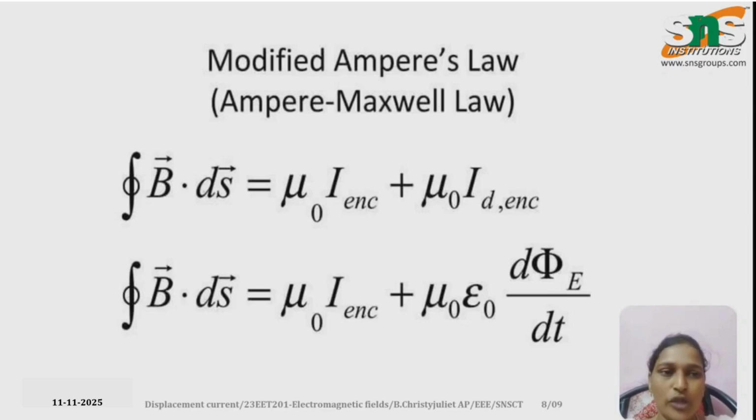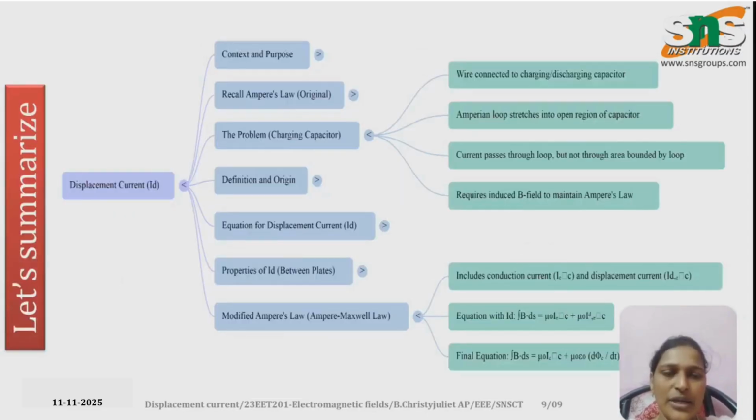Now substitute the value for I_D enclosed. So therefore integral B dot ds is equal to mu naught I enclosed plus mu naught epsilon naught d phi E by dt. Okay, so this concept is applicable for capacitors where Ampere's law fails to hold good.